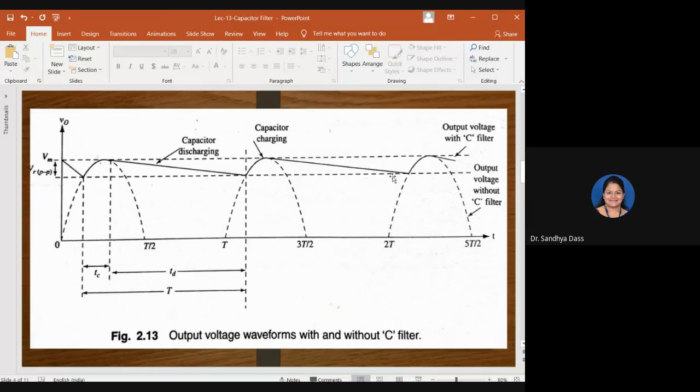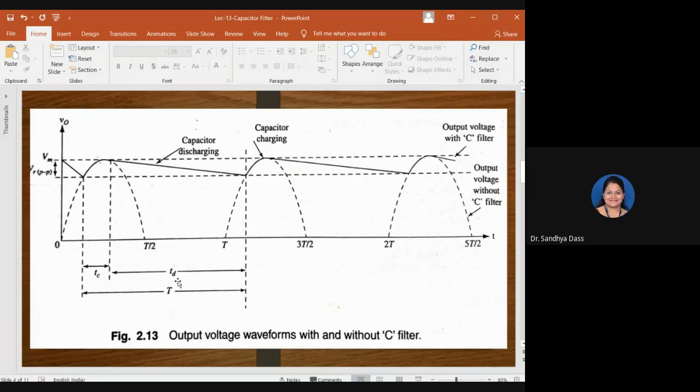And this cycle repeats. When the diode is switched off, the capacitor discharges via RL. So at the output, what you're observing here is nothing but the voltage across the capacitor. This part is where the capacitor is charging, where you can call it DC, and the capacitor discharging is the time duration indicated here.